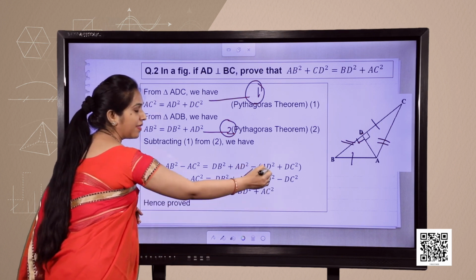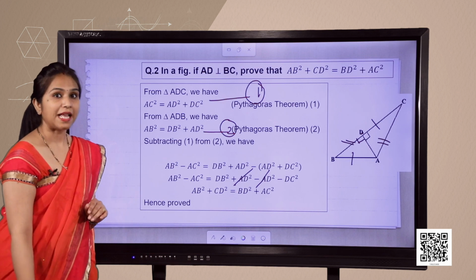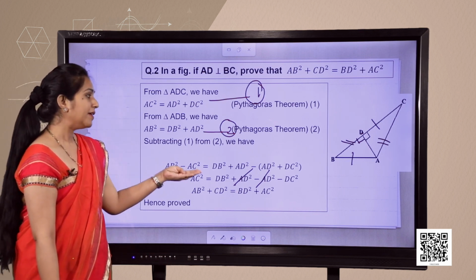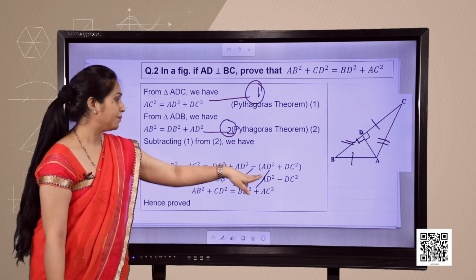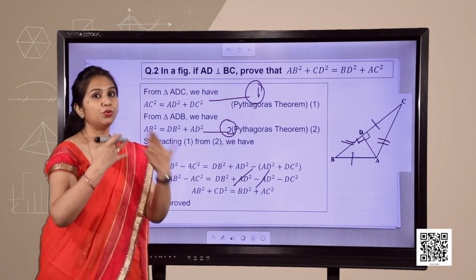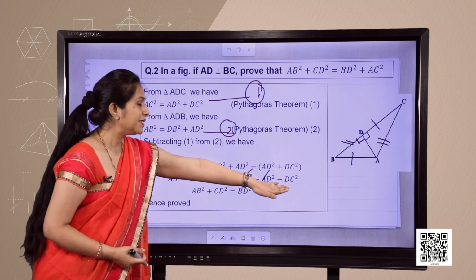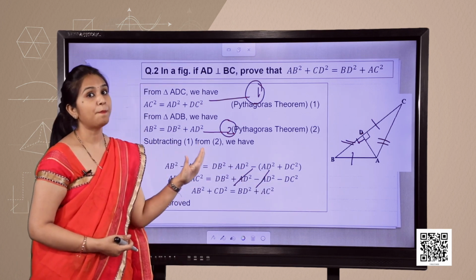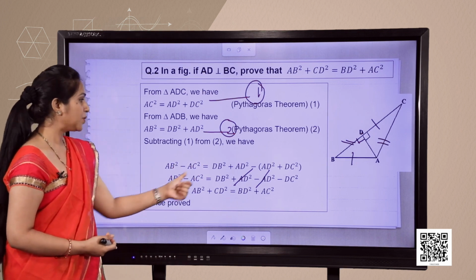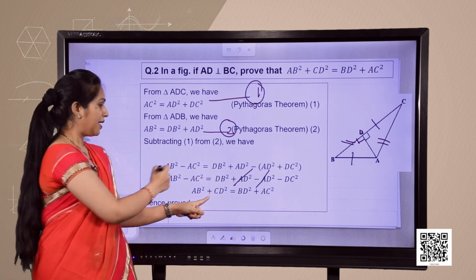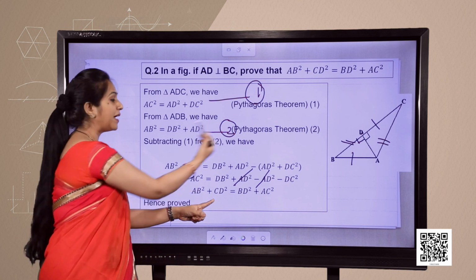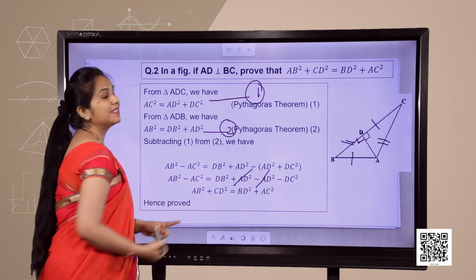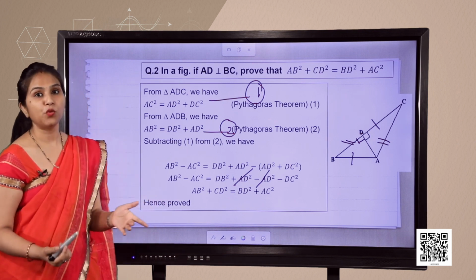Children, the positive and the negative terms get cancelled and we are left with AB square minus AC square is equal to BD square minus DC square. So now do the transposition, bring this DC square from right to left, and when you are shifting them, the sign becomes positive. So here we have AB square plus CD square, and now shift this AC square from left to right, again it becomes positive. So here we have BD square plus AC square, hence proved.